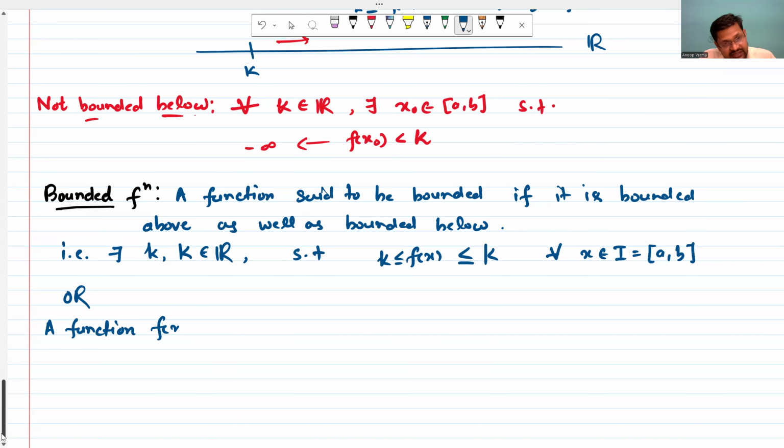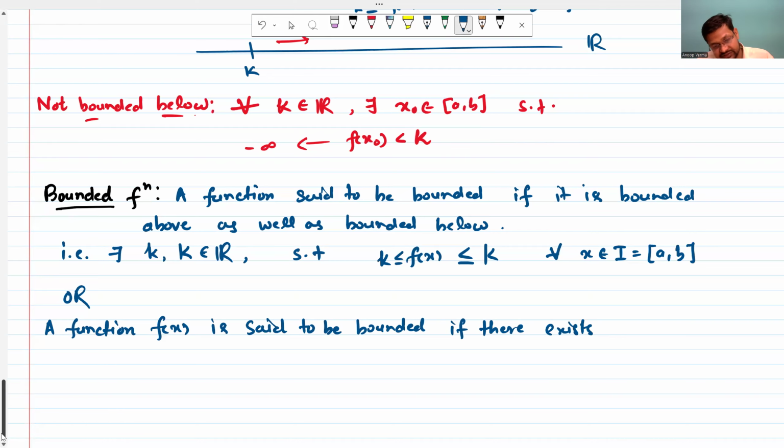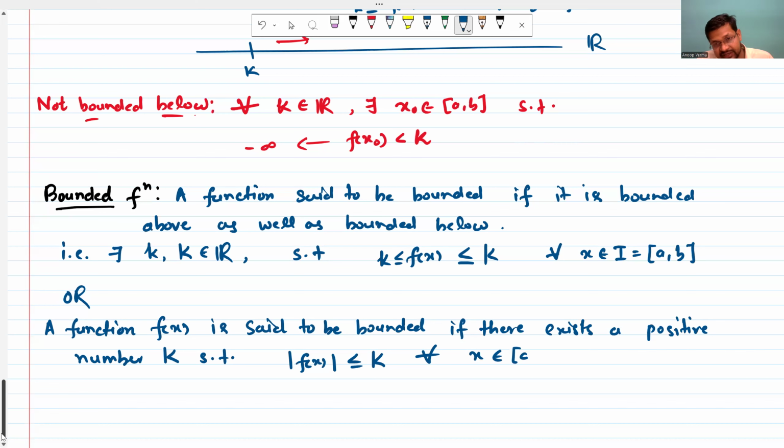A function f(x) is said to be bounded if there exists a positive number capital K such that mod of f(x) is less or equal to capital K for all x belonging to this interval a comma b.